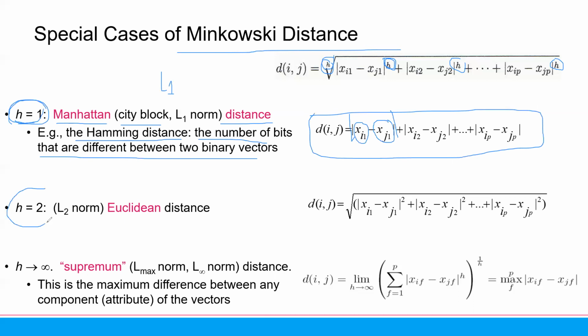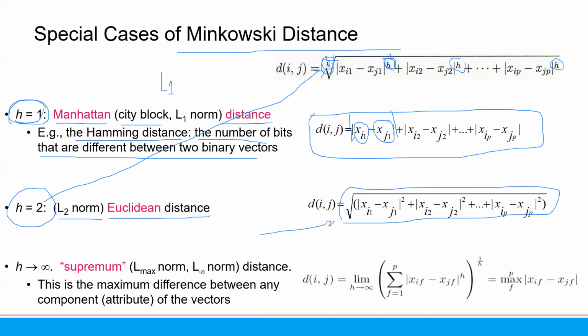What about if we have h equal to 2? We call it the L2 norm, and this is also the Euclidean distance. So the formula will be like this one. You can apply h equal to 2 in this part. The other case is h equal to infinity. We call it supremum, or the L max norm or L infinity norm.